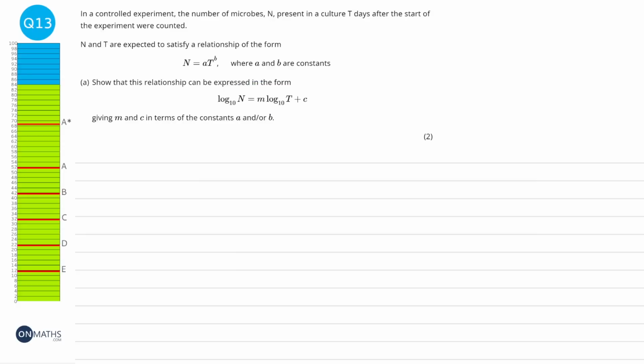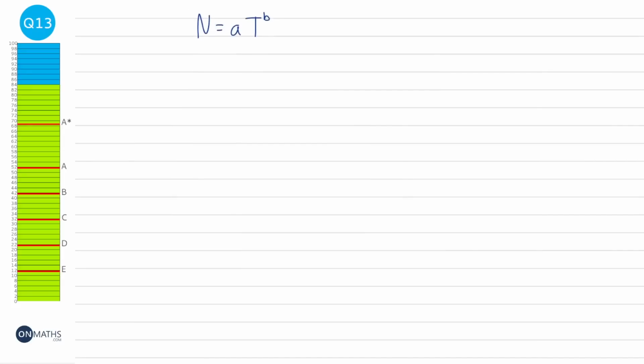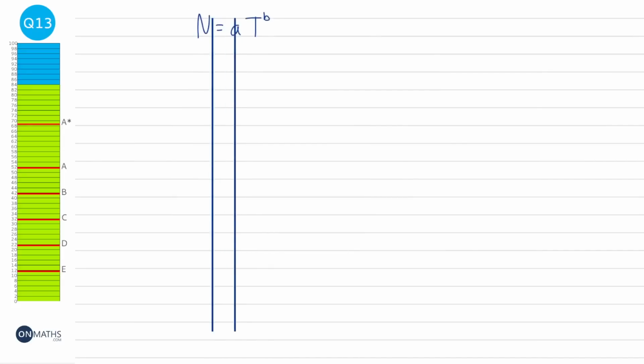So in the first part of this question, we're asked to basically change that into that. So we're going to start with this. So we've got n equals a t to the power of b. And I'm going to put the lines in. Okay. So the first thing we need to do is log both sides.